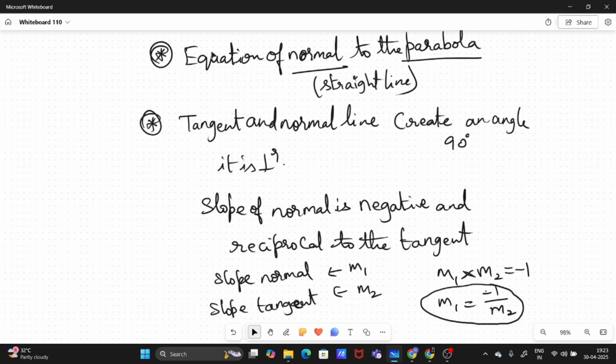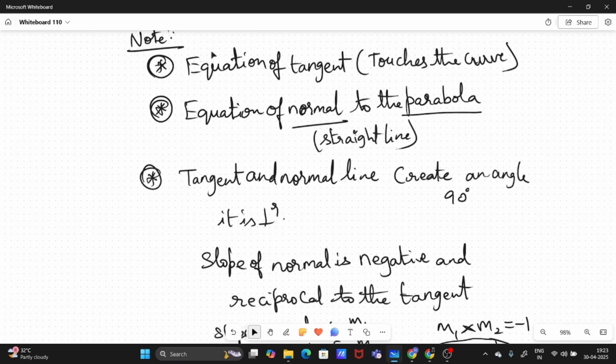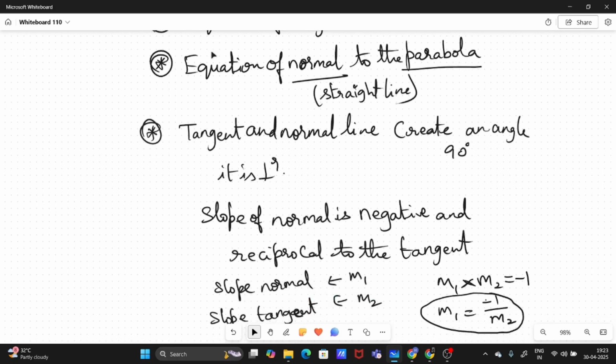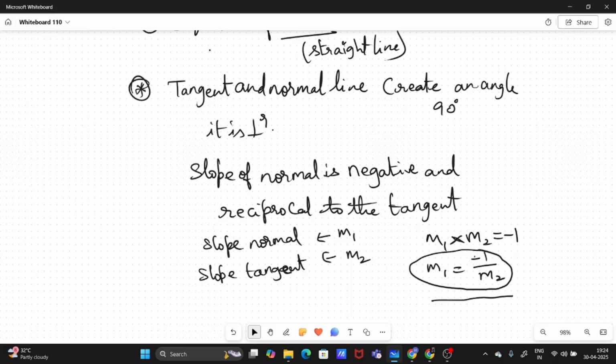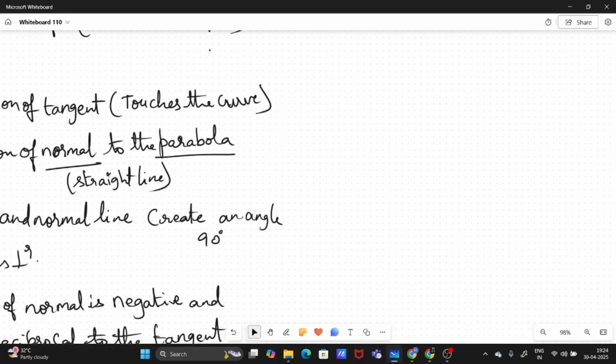So we have to understand three things. First, how to find the equation of the tangent. Next, how to use that in the equation of the normal, because there is a relationship between tangent and normal. It's not so tough. The only relation is that you have to identify the slope here. If you know the slope, it will be easy to find the equation of the normal.